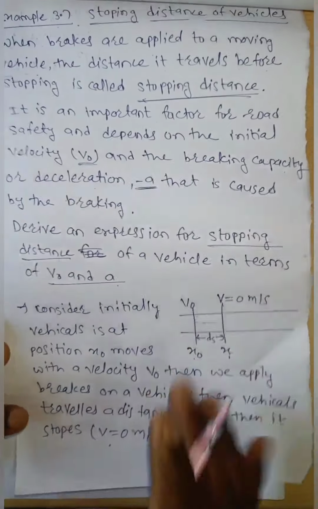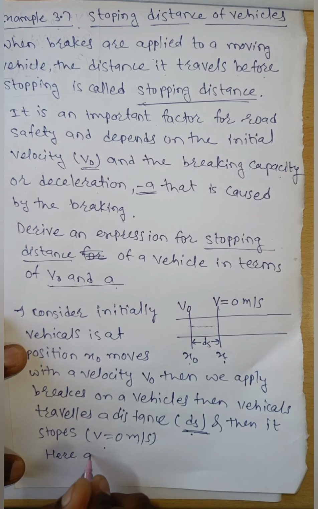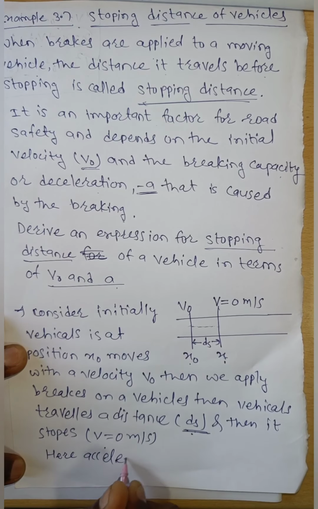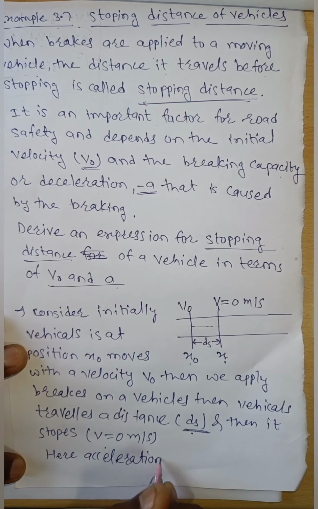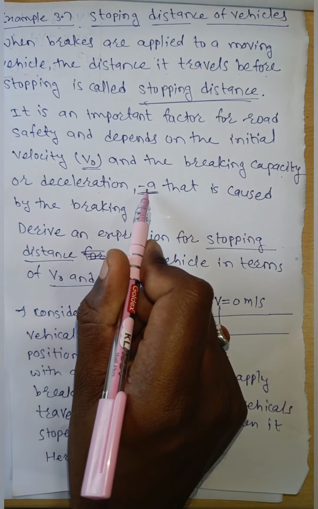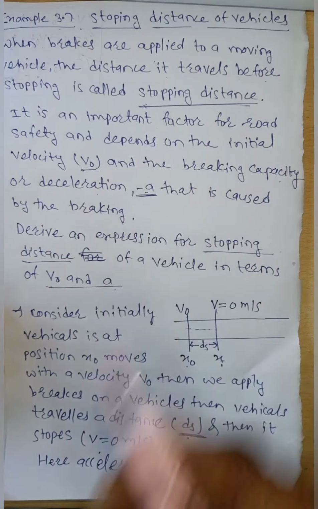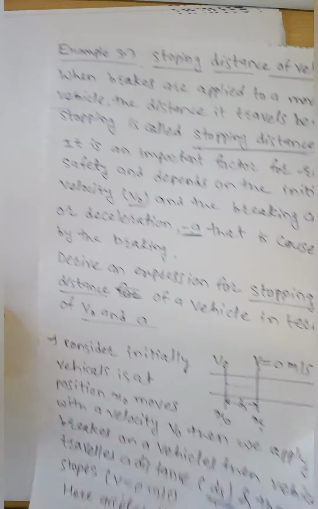Here the acceleration of the vehicle is a. If the deceleration is given as minus a, then we have to find out the stopping distance.